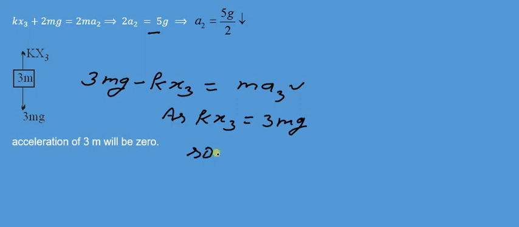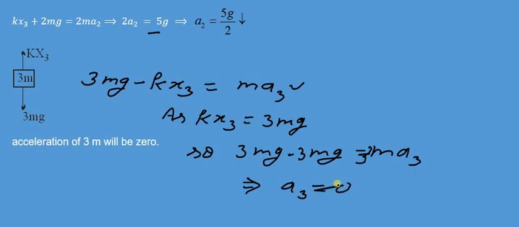So 3mg minus 3mg is equal to 3ma3, which implies a3 is equal to 0. So the acceleration of block 3 is 0.